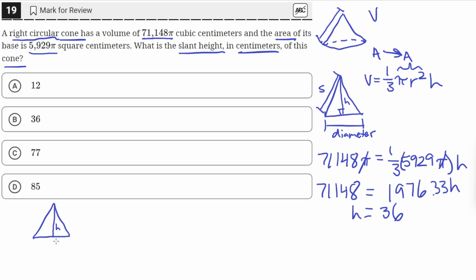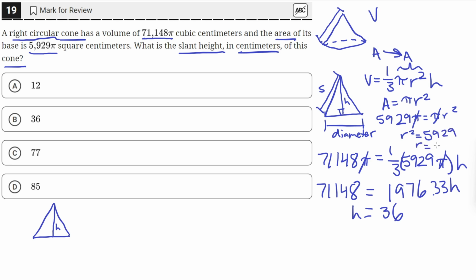We can also find the diameter of the cone, because we know that the area of a circle is pi r squared, and we're told the area. So we plug in the area: 5,929 pi equals pi r squared. We can cancel out the pi's, so we get r squared equals 5,929.